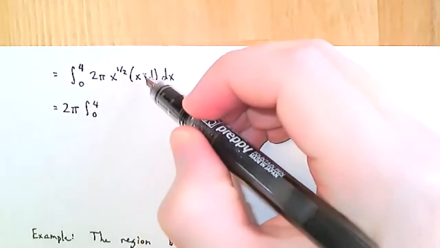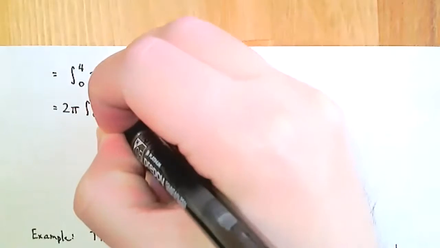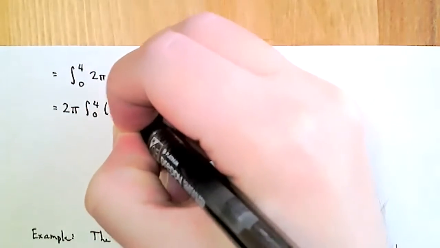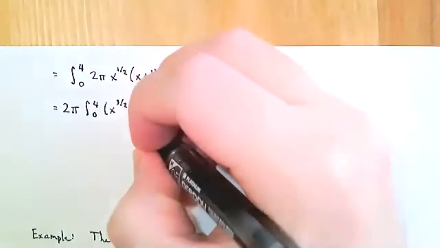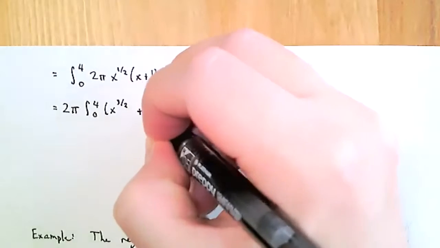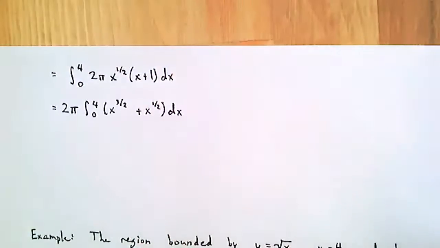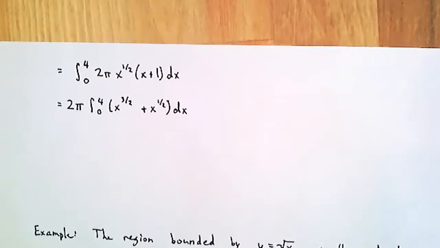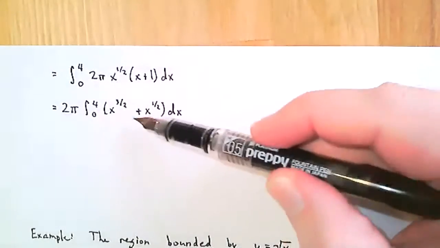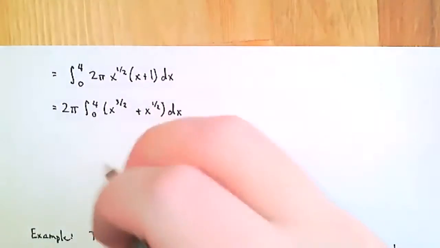So 1/2 plus 1 gives us x to the 3/2, and then times 1 gives us another x to the 1/2. And once we do that, our integral is now written in a way that lets us use the power rule.